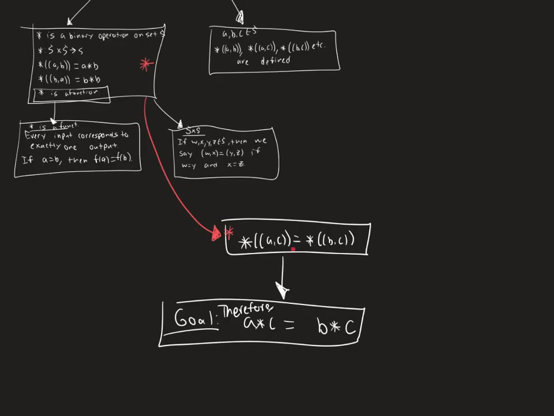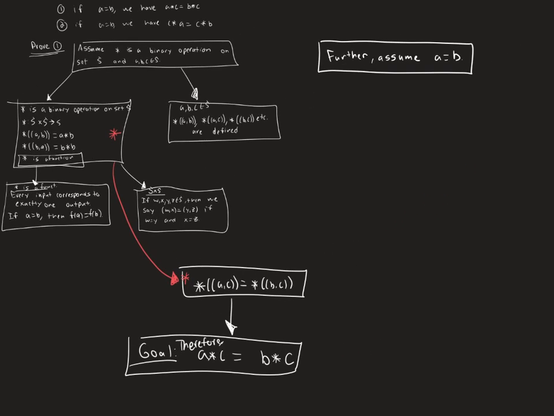Okay, well, how do we get this? We're kind of working backwards now, because we're kind of stuck up here. We know A equals B, we need to get here, and we know all these facts. How do we get those things to connect?